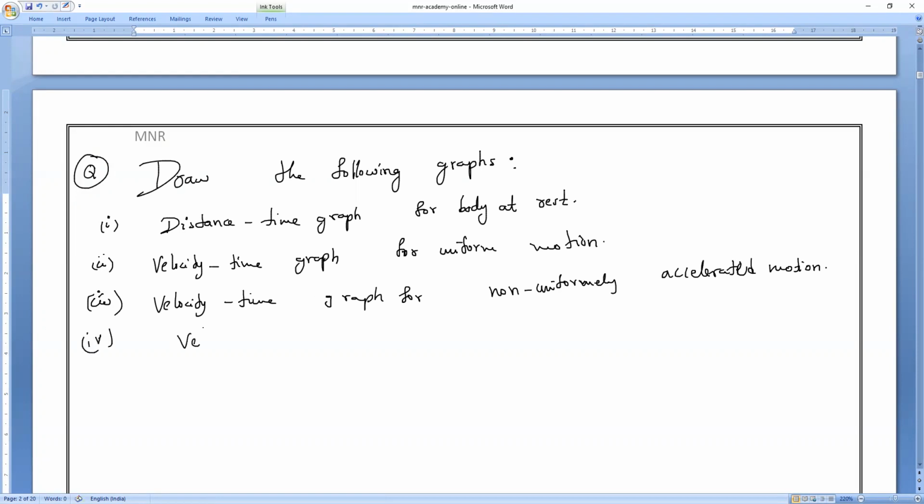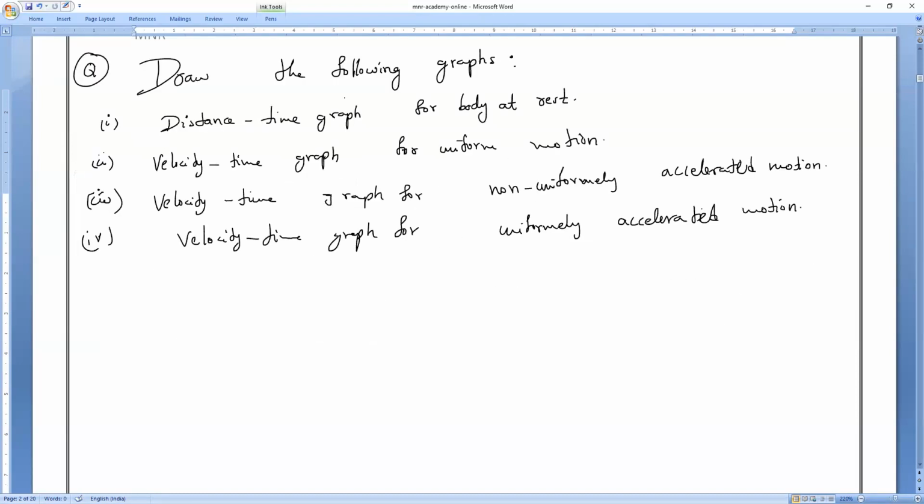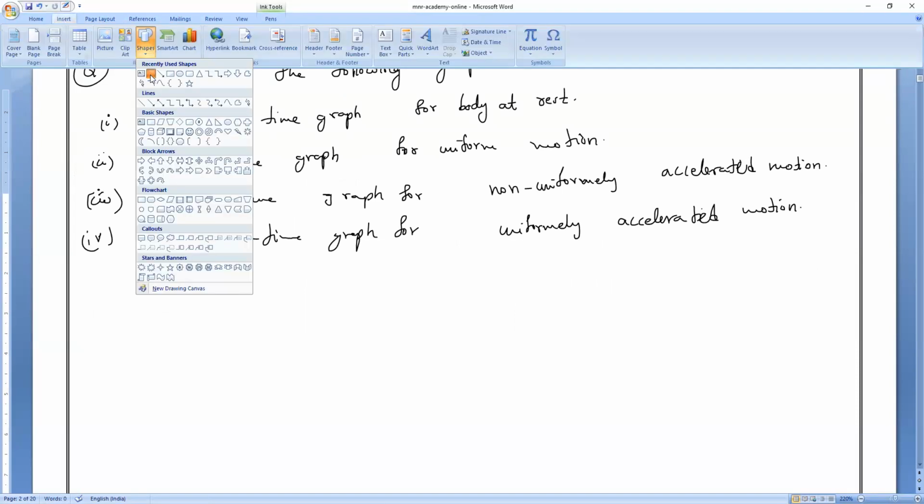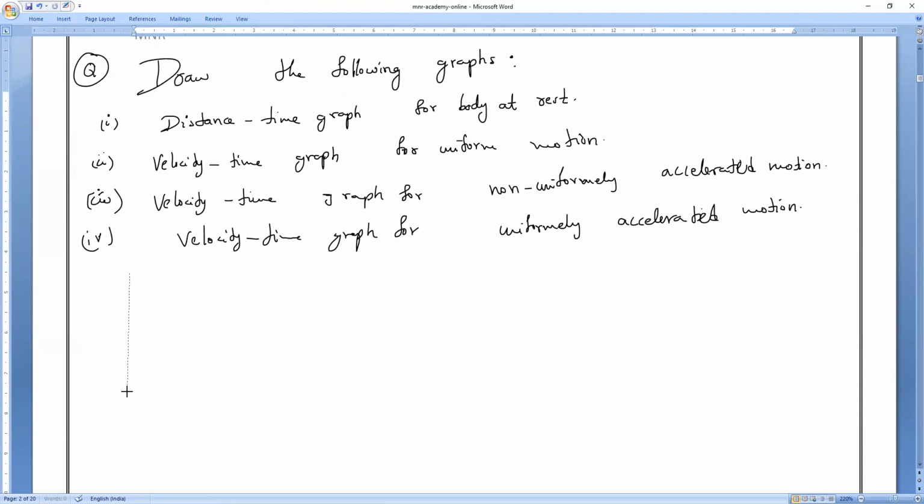Next, velocity time graph for uniformly accelerated motion. Everything clear? Respond, guys. Now, how will the graph come? Can you tell me? Draw the x-axis fast.